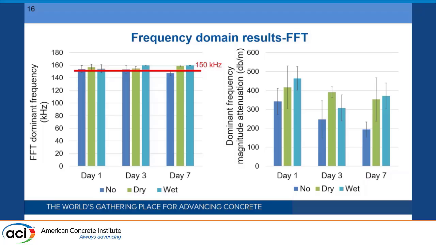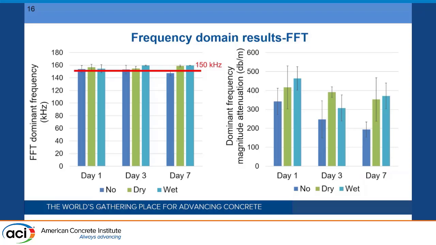The dominant frequency for all the specimens was in the range of 150 to 160. This stability shows that there were no major shifts in the frequency domain results because of, for example, immaturity of the specimen or any interlayers.